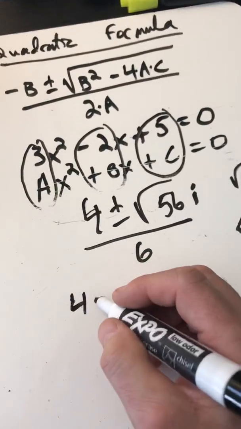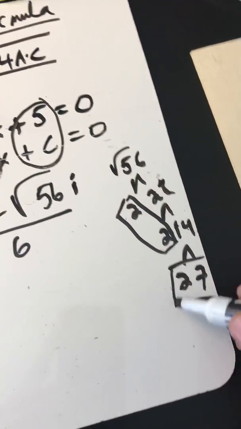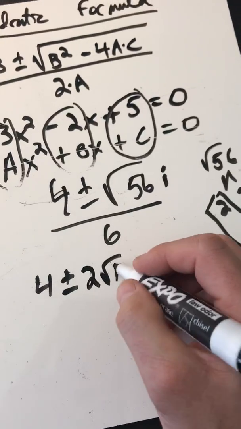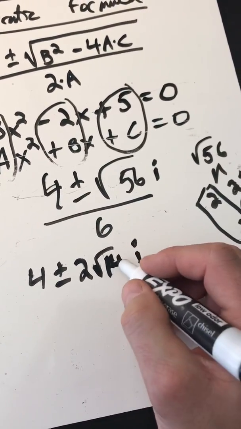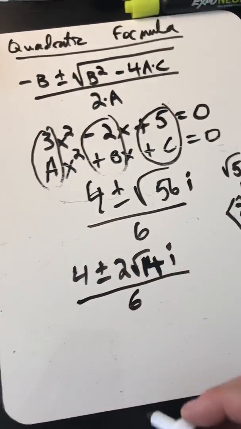So really I have 2 plus or minus 2 radical 14 i. There's that i. Man, these markers are fat. All over 6.